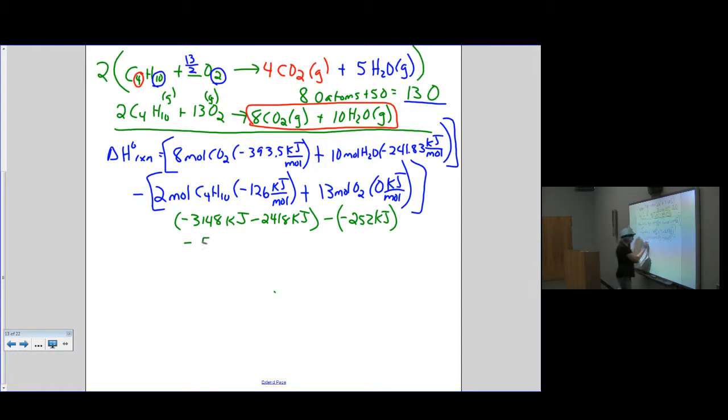So, negative 5566 kilojoules for the products, plus 252 kilojoules for the reactants, and so my delta H of reaction works out to be negative 5314 kilojoules. Okay, so you've got to be watching the signs. You've got to set it up right, products minus reactants, and you need to be very careful that you actually pick the right thing out of the delta H of formation tables, depending on the state of whatever you're working with.